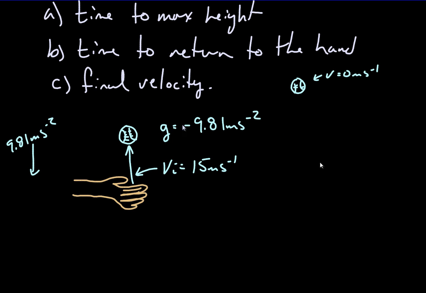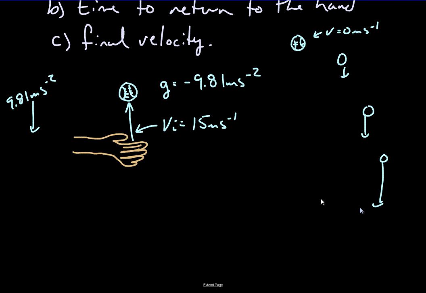Then, since gravity doesn't change, this object will start to accelerate back down towards the ground, and its velocity in the y direction will increase as it does so. So velocity and the acceleration are in the same direction, so that causes speeding up.